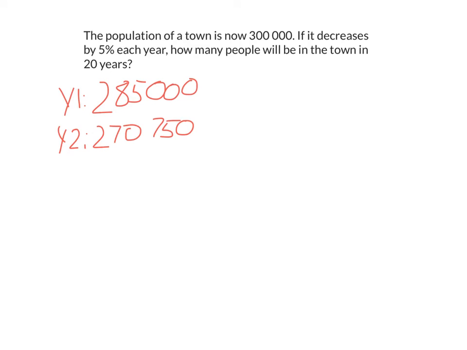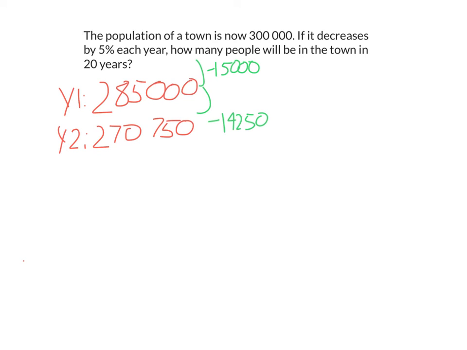So what's happened is that from the start to the end of the first year, we lost 15,000 people, but then in the next one, we only lost 14,250. So in exponential decay questions, the amount is decreasing at a decreasing rate. In other words, the number of people that leave the town each year decreases each year. It's not as though 15,000 are leaving the town every year.